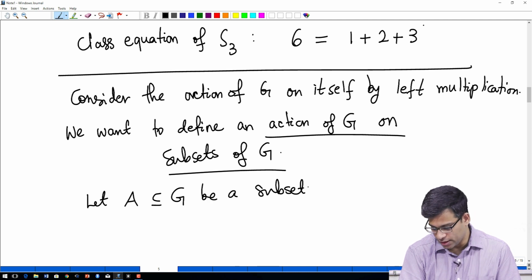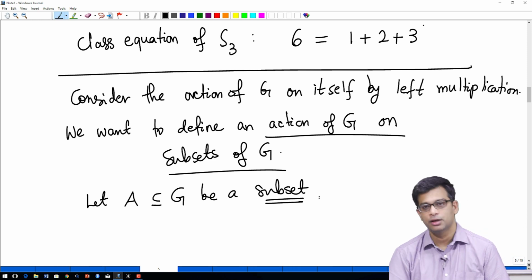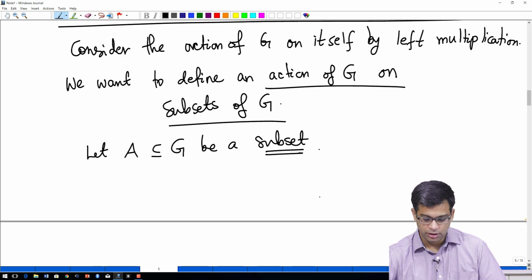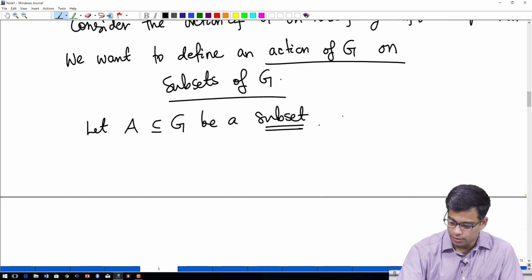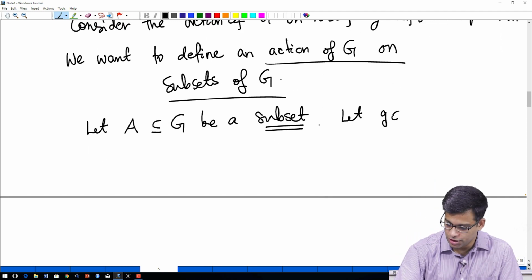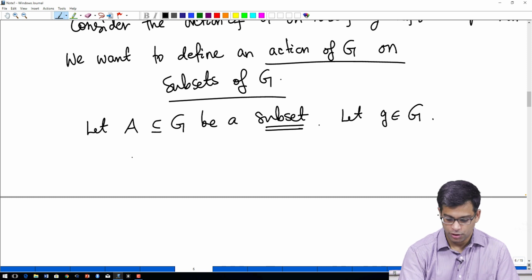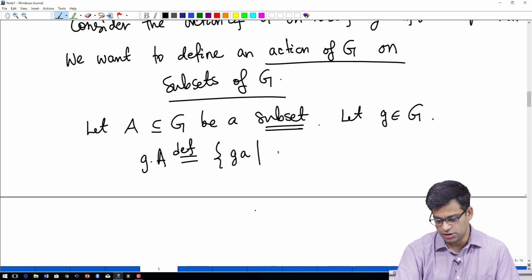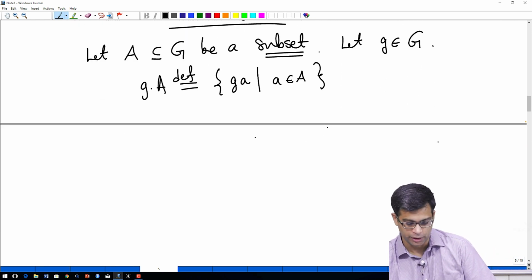I want to stress here, it is only a subset in general, not necessarily a subgroup. It is just some collection of elements of G, and let small g be an element of the group. Define g·A. The definition of g·A is very natural. It is g a as small a varies in capital A.